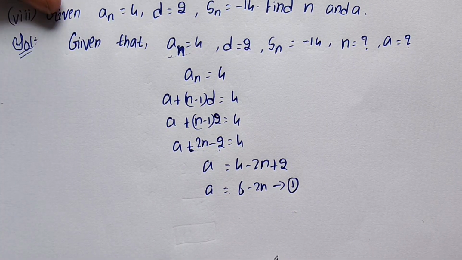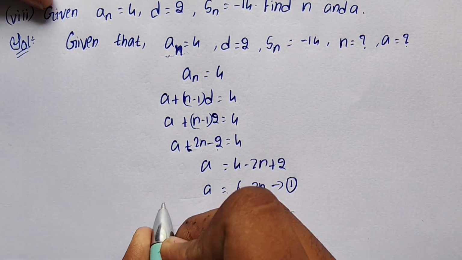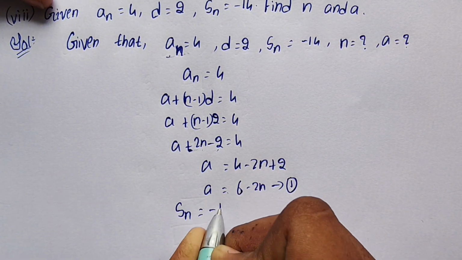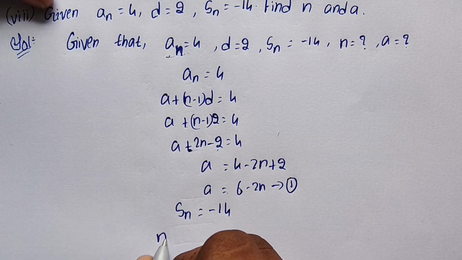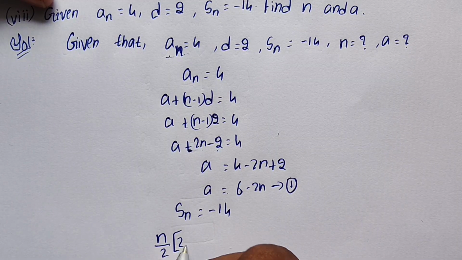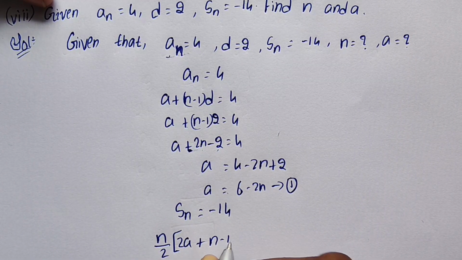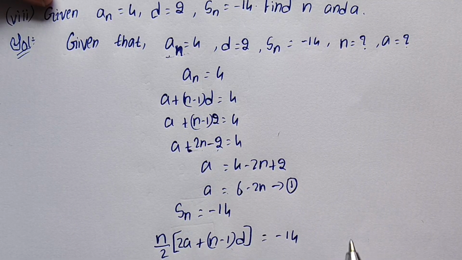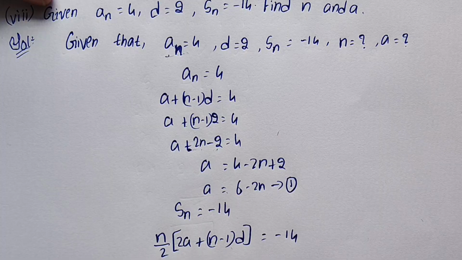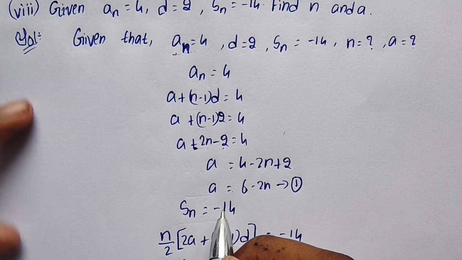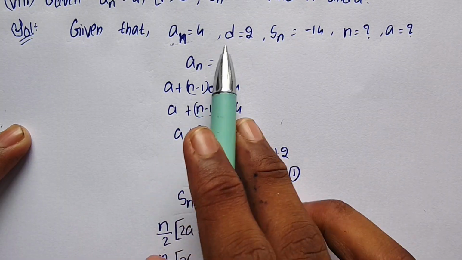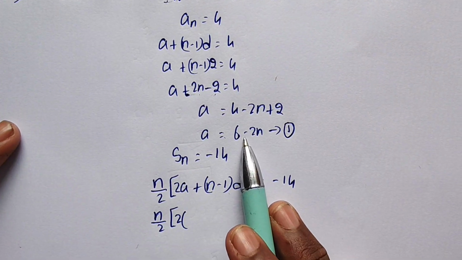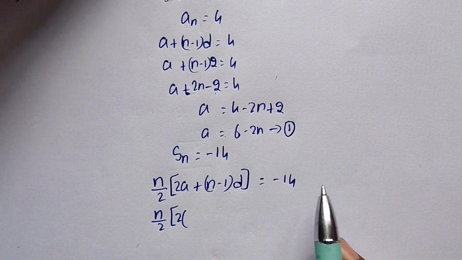Now I am taking Sn equals minus 14. The formula for Sn is n by 2 into (2a plus (n minus 1) into d) equals minus 14. We got the value of a by solving an equals 4, that is 6 minus 2n.